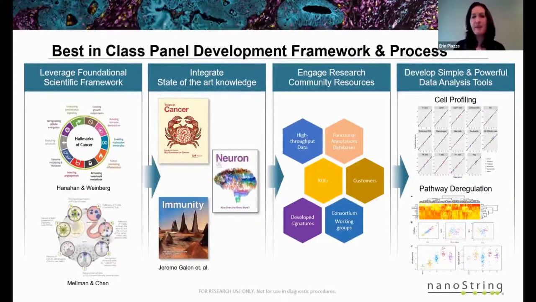Our cell type profiling is embedded in the Tumor Signaling 360 panel and many of our other panels, and gives you a relative abundance of various immune cell types in your sample. And this is particularly powerful, especially in oncology, where such a large fraction of samples are in FFPE and thus cannot be subjected to cell type sorting or other methods of cell type abundance scoring.